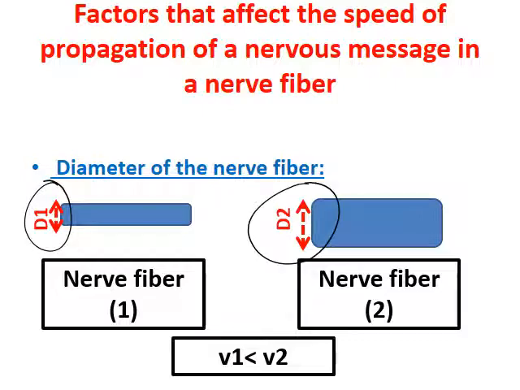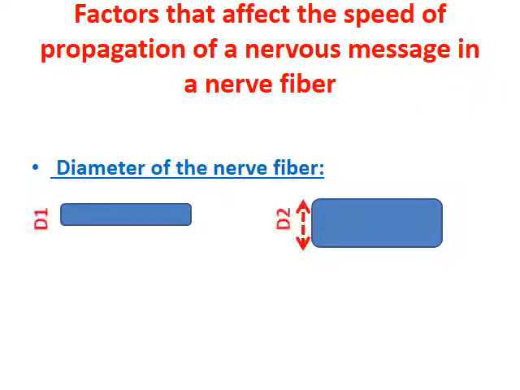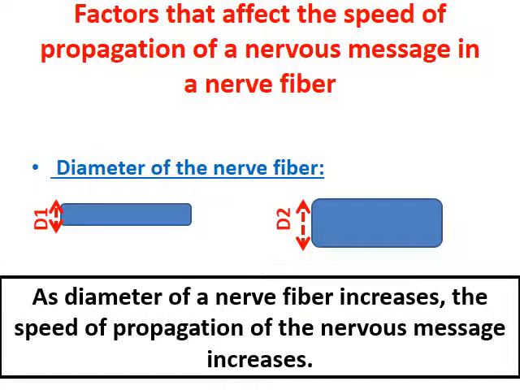D2 has the greater diameter, so it has the greater velocity. As the diameter of the nerve fiber increases, the speed of propagation of the nervous message increases.